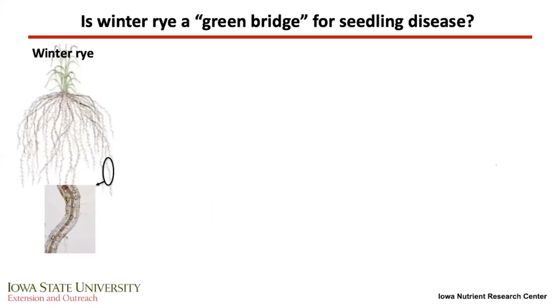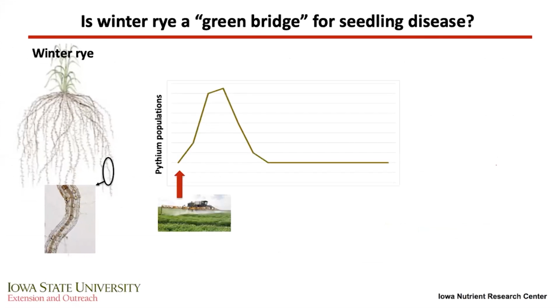So we know that winter rye is a host of pathogens that cause seedling disease on corn. And what happens is that when we terminate the winter rye, spray it with a herbicide such as glyphosate, as those roots die, they release these Pythium, predominantly Pythium, but also Fusarium, but we focus on Pythium, into the soil.